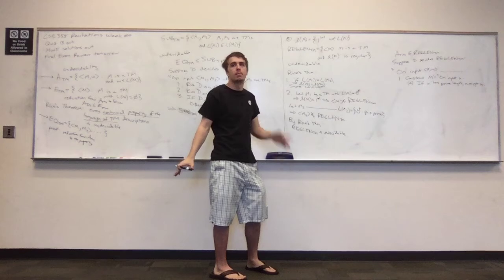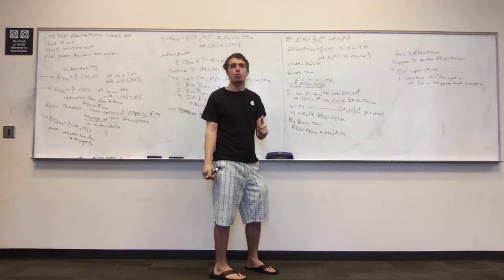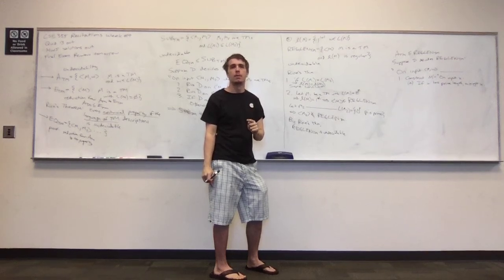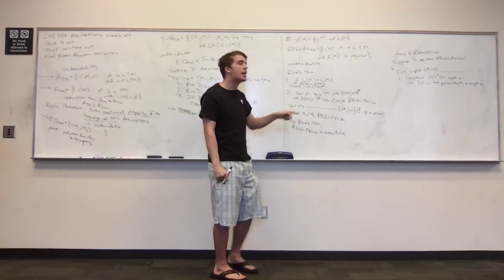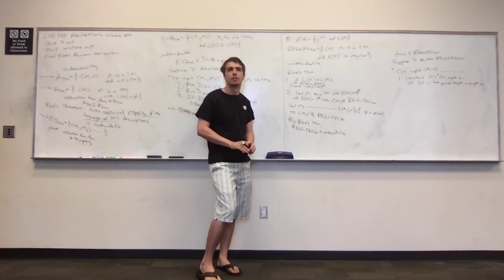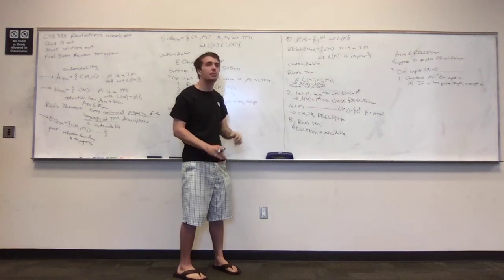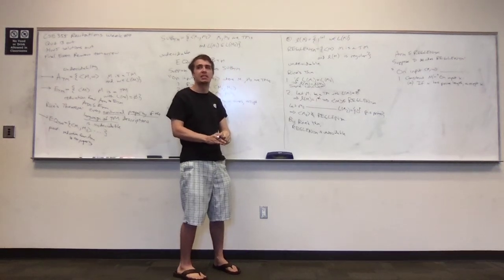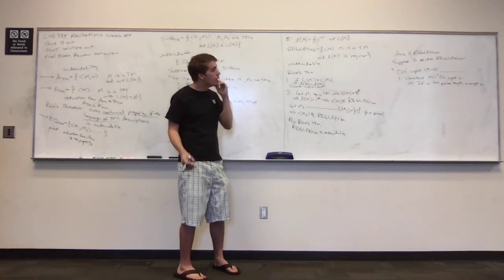Okay? But if M accepts W, what should I do? Well, if M accepts W, what do I want M prime's language to be? Just went over this. Yeah, I want it to be sigma star, right?